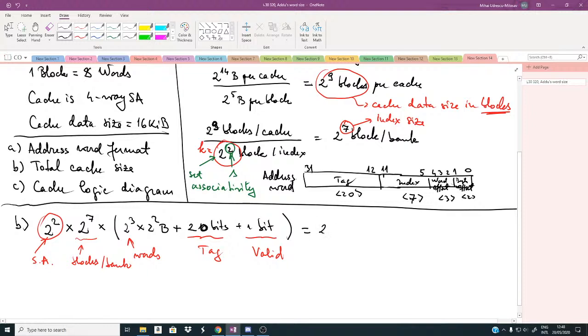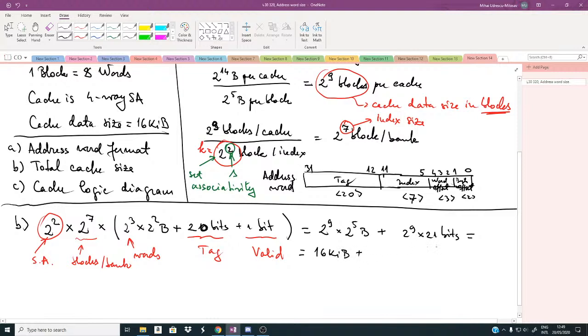So it's 2 to the power 9 times 2 to the power 3 and 2, that's 2 to the power 5 bytes, plus 2 to the power 9 times 21 bits. So this would be 2 to the power 14, that's 16 kilobytes, right?